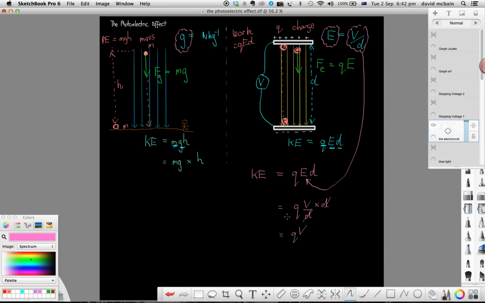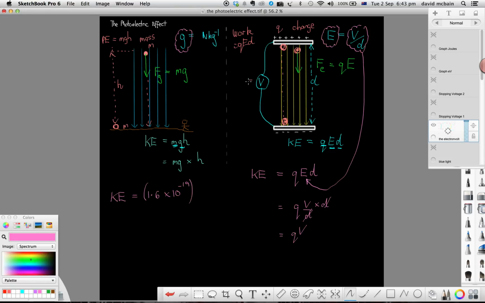Now, traditionally, charge is measured in coulombs. So if we want to work out the kinetic energy of this charged particle as it hits this bottom plate, it would be the charge on the proton, which, in coulombs, is 1.6 times 10 to the negative 19 coulombs, multiplied by the voltage across the plates.